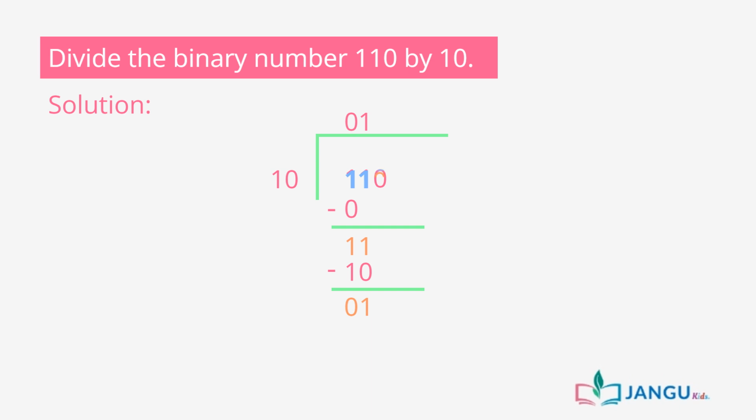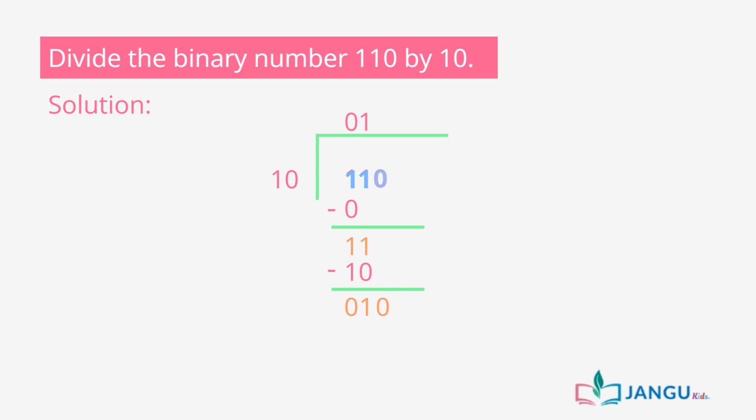Lastly, we bring down the last digit of our dividend, which is 0, which makes it 10. Now, ignoring the leftmost digit, looking at our dividend and divisor, we can see that 10 is equal to 10.